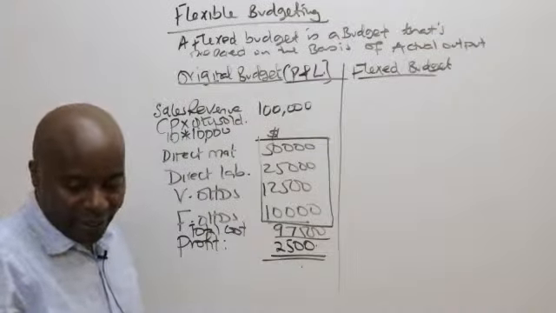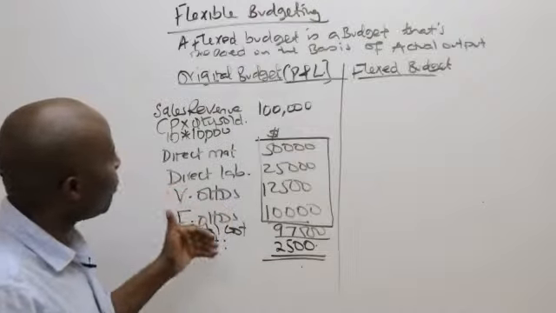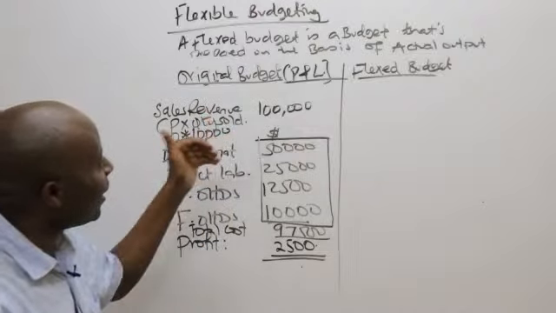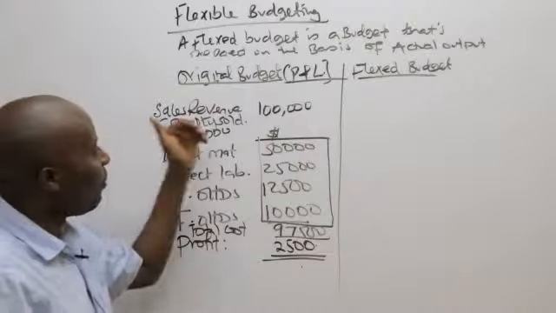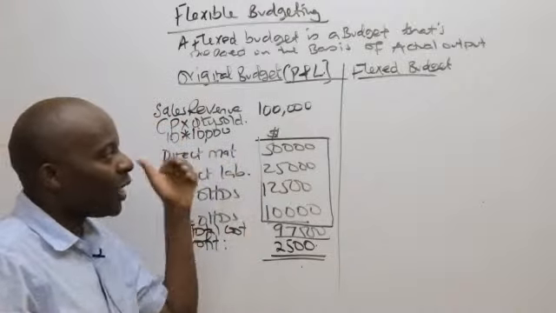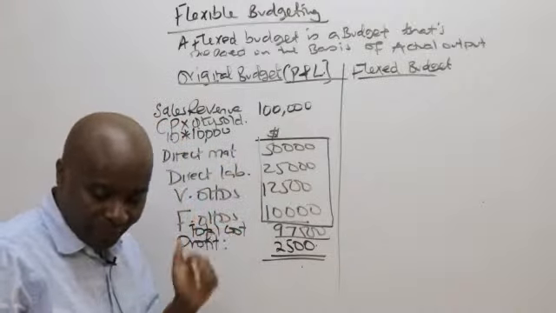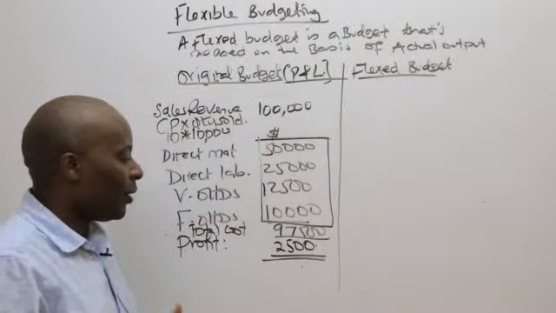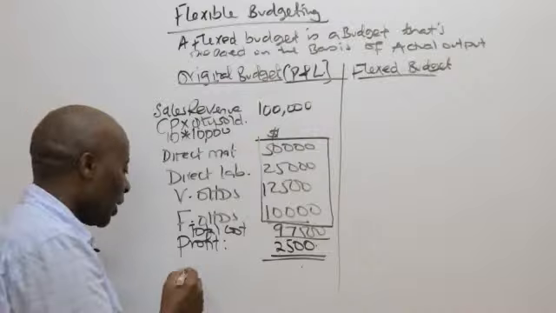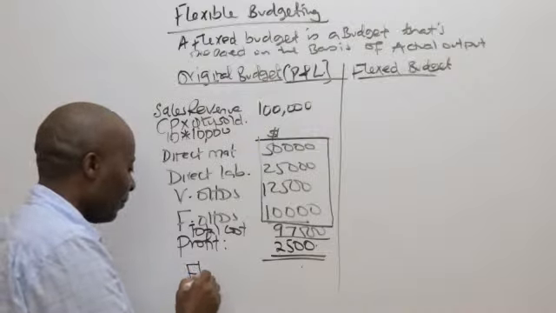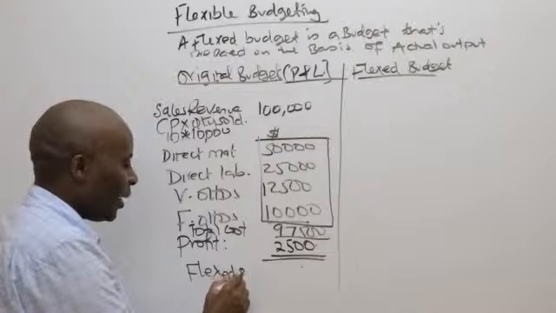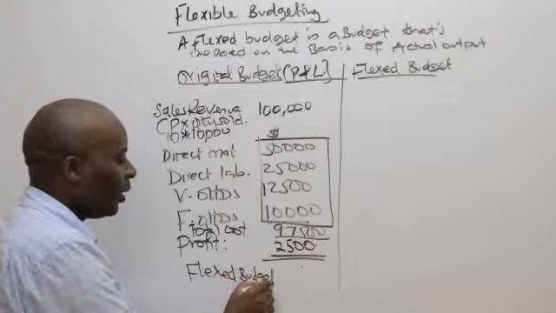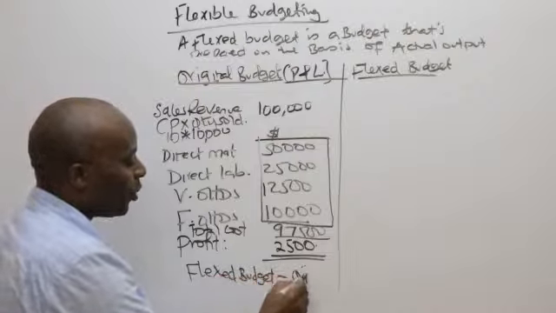Flexed budget. So remember, by definition, we said a flexed budget is a budget that is prepared on the basis of the actual output. So in short, for us to get a flexed budget, we normally take what we call the original budget.